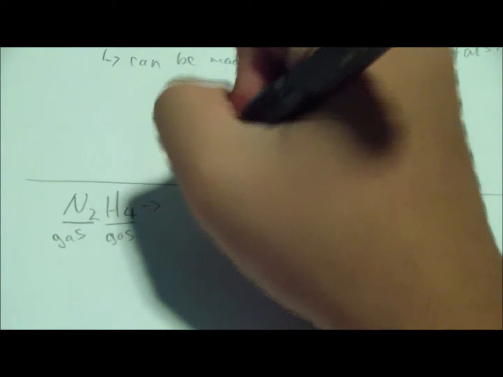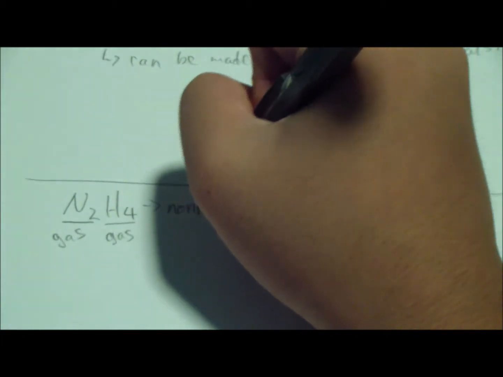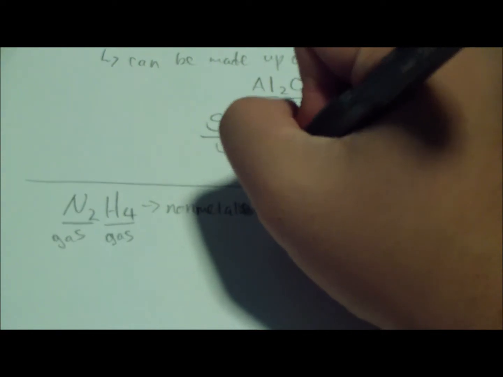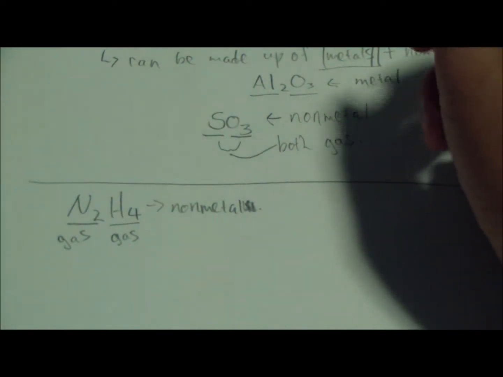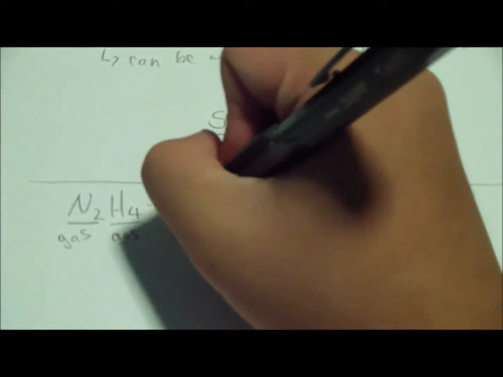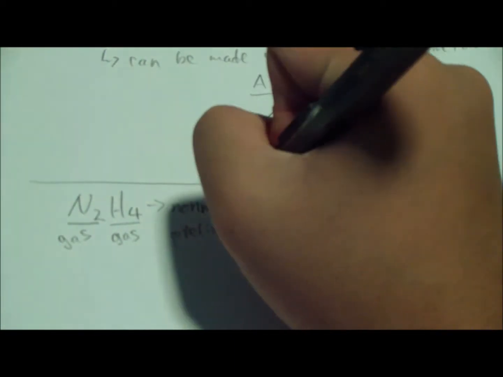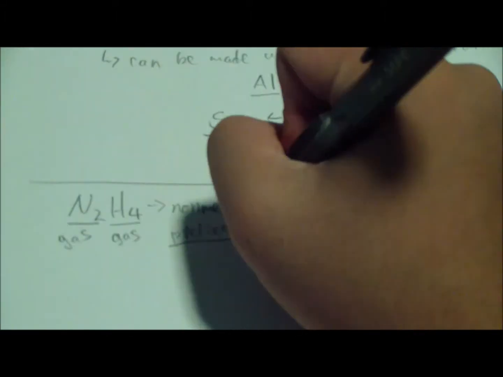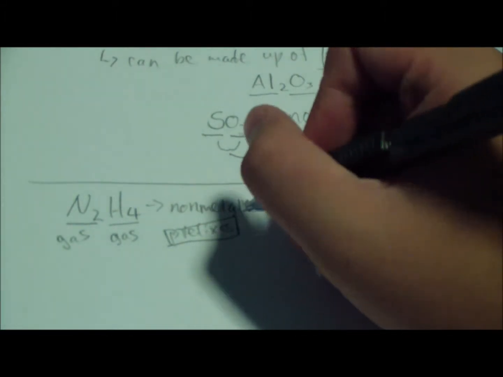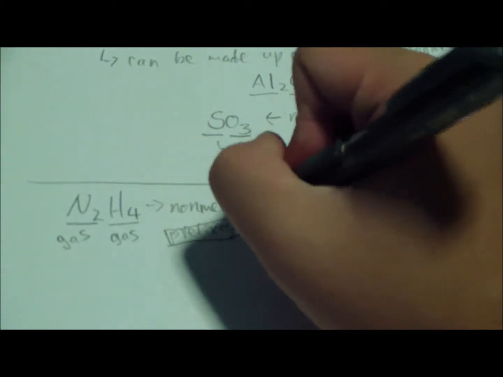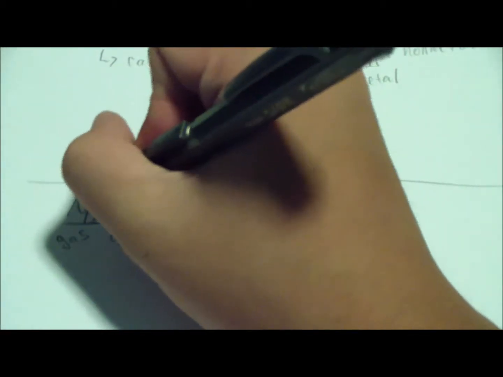So it will be non-metal. Since it's non-metal, you have to use prefixes. That should pop up in your mind when you see a non-metal. And the prefixes are determined by the number here.